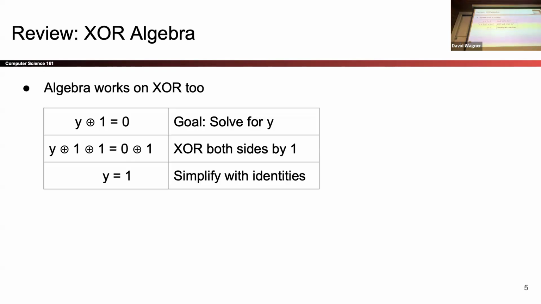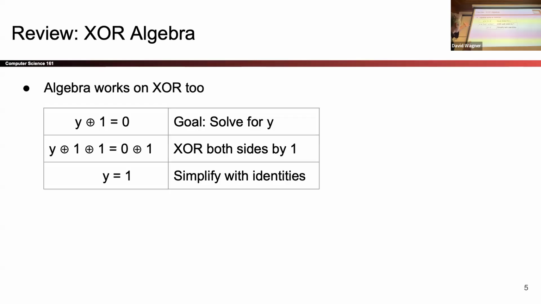But when I work with XOR, what's the equivalent of adding -1? Adding +1. Because +1 and -1 are the same with this modular arithmetic. So I can add 1 to both sides.